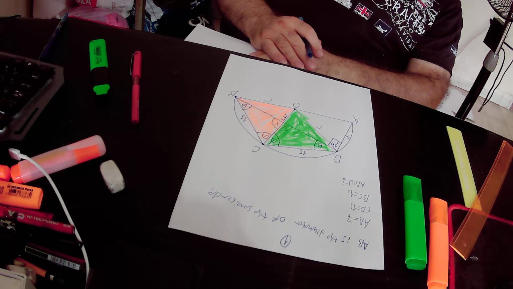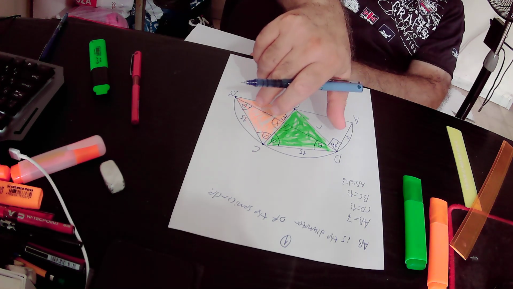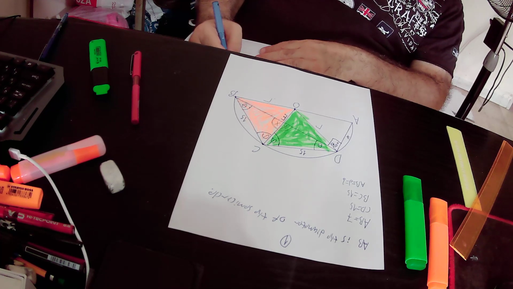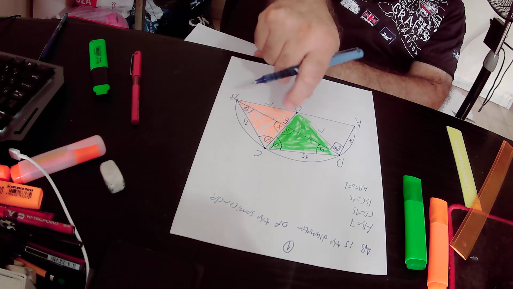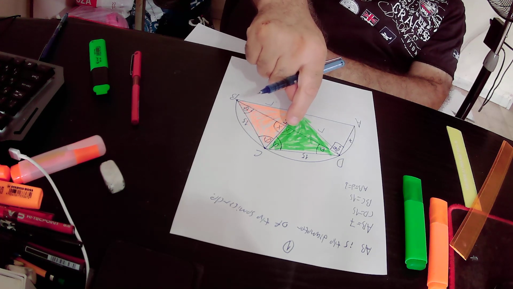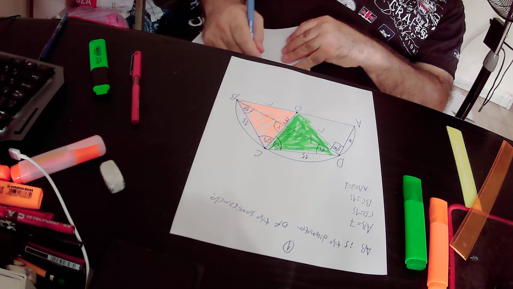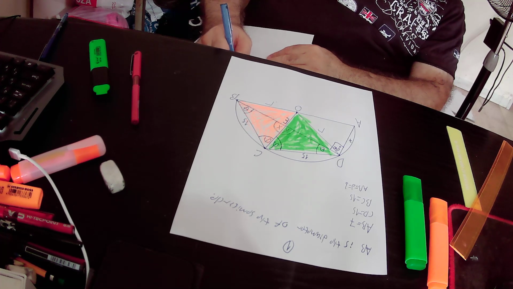So what is the size of angle DEB? The size of angle DEB is actually x plus x. Angle DEB equals x plus x, that is 2x.